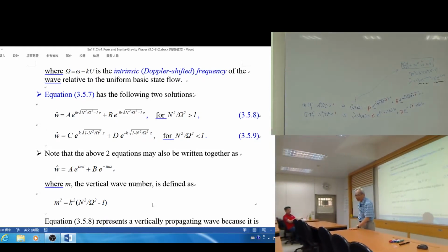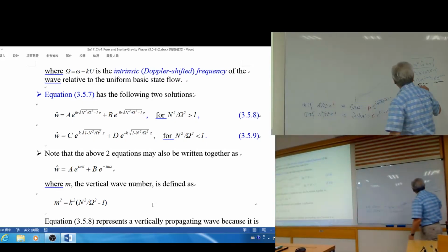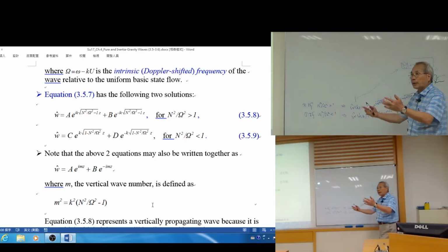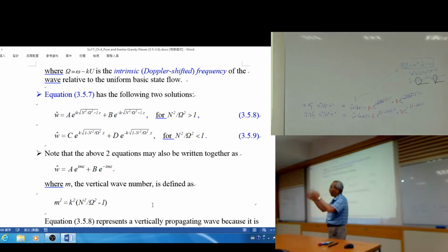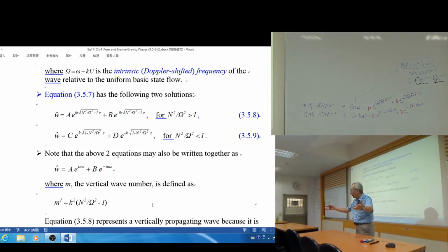One is at the surface, the lower boundary condition, and the other is the top boundary condition. The two boundary conditions will determine the coefficients. As long as we have these two boundary conditions, that will give us A and B, and then we have the complete solution.